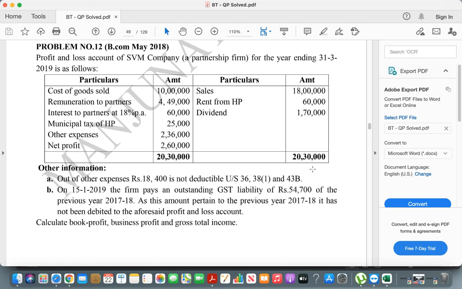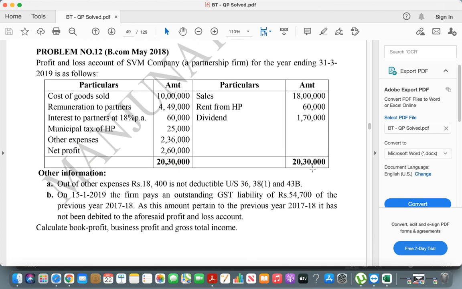Write down. Question paper 2018. Business taxation, assessment of firms.